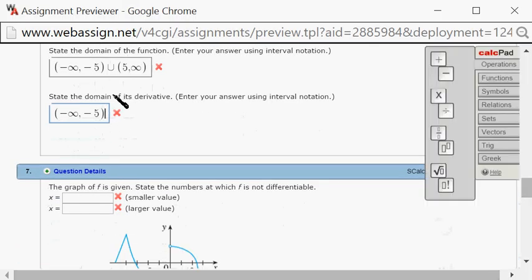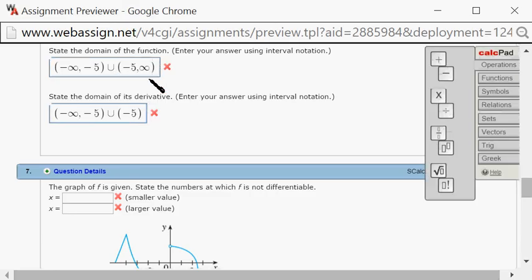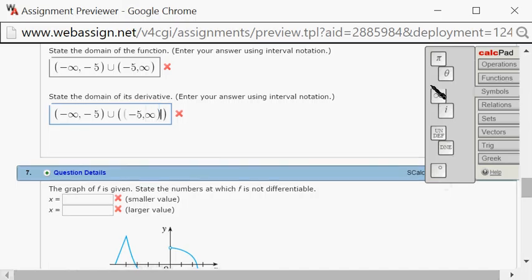Set union, negative 5 to positive infinity. Alright, so we have that.